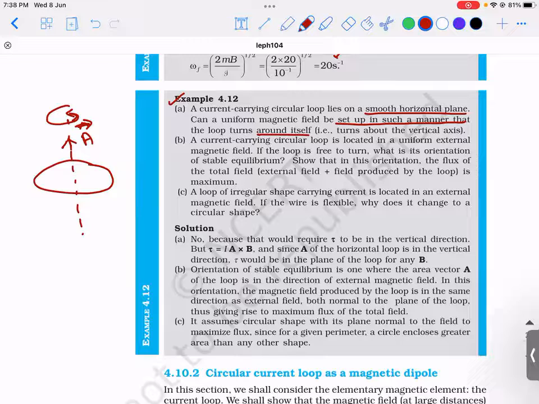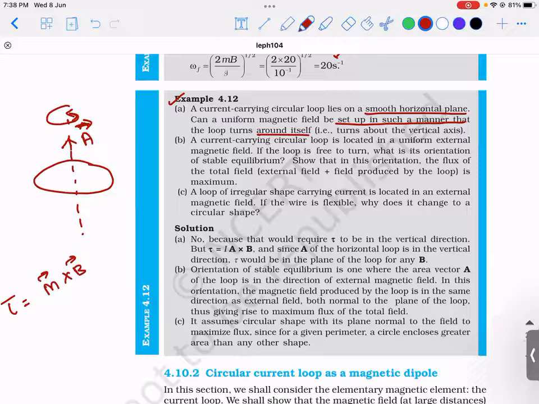We know that torque is equal to m vector cross B vector. Whenever you do the cross product, the result is always perpendicular to both vectors, so it cannot be along the area vector or opposite to it.